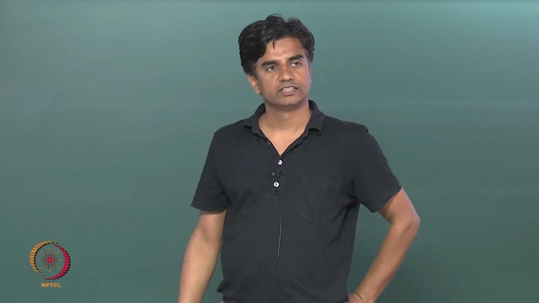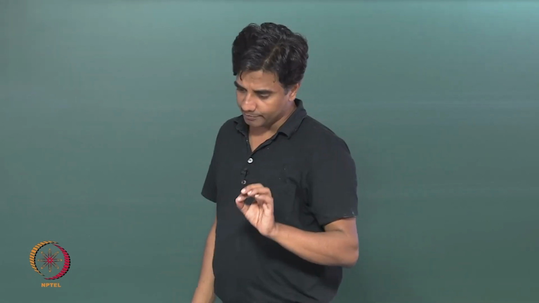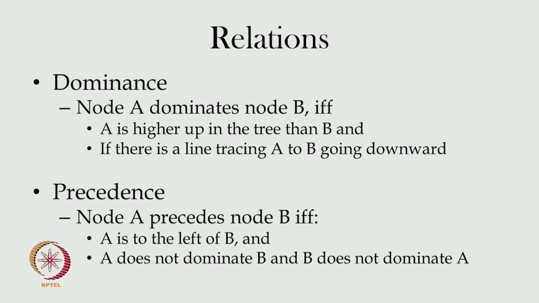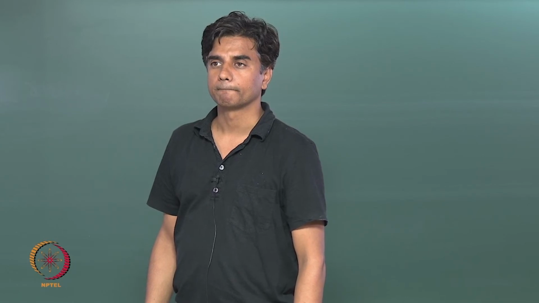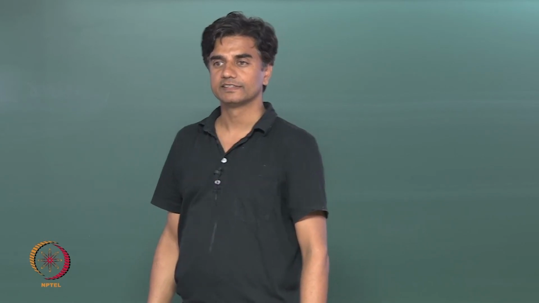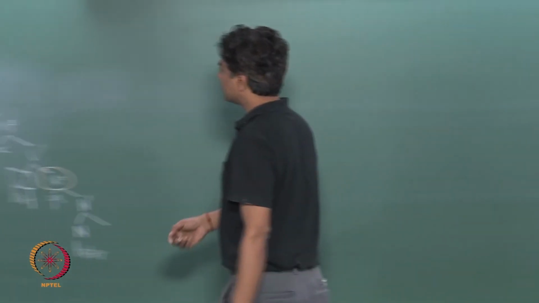Same thing about precedence. Any difficulty with that? A node A precedes node B if and only if A is to the left of B and A does not dominate B and B does not dominate A. In these terms, what can we say?